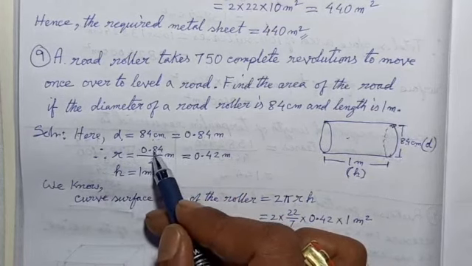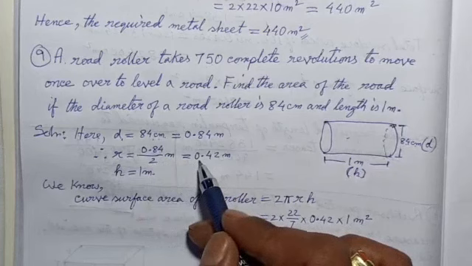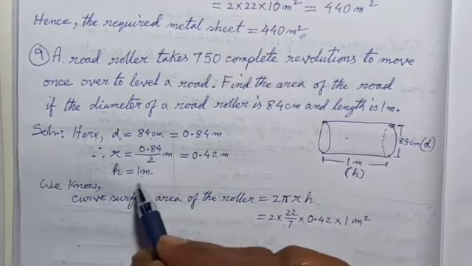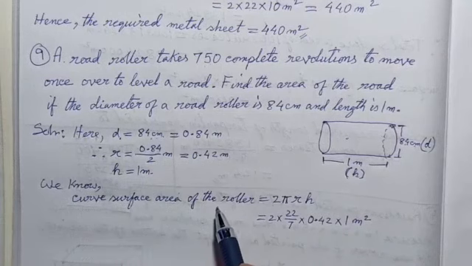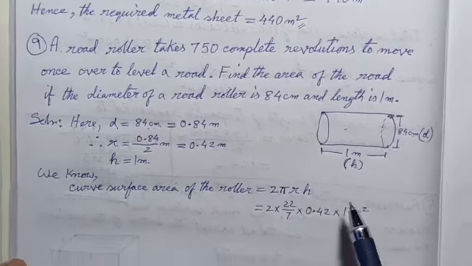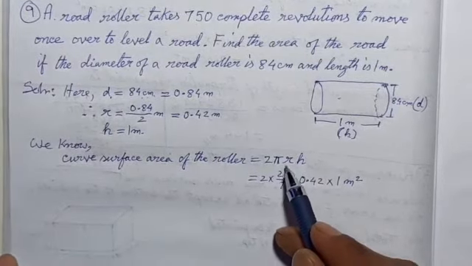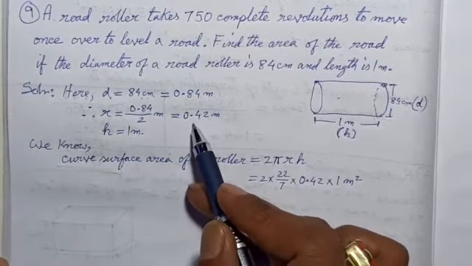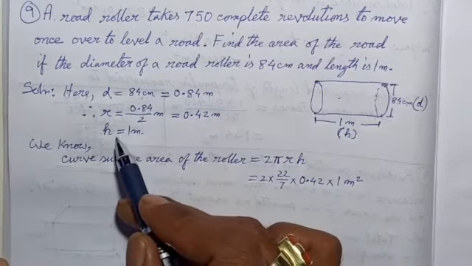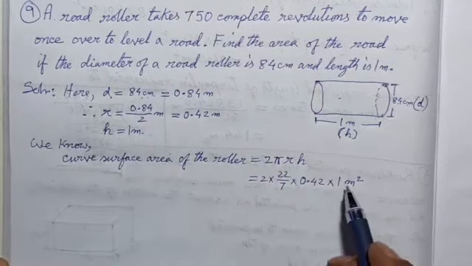If 0.84 is divided by 2, then we are getting 0.42 meter. Now height is 1 meter. We know the curved surface area of the roller, its formula is 2 pi r height. Then 2 into pi is 22 by 7. R is here 0.42 and height is 1 meter, into meter is meter square.